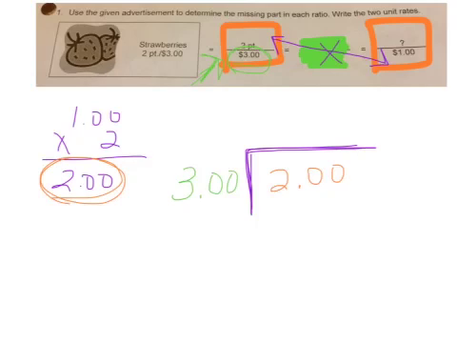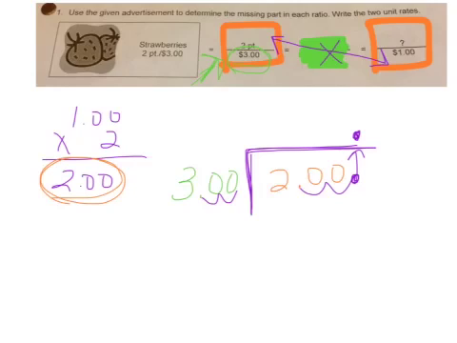Now we also said we do not want to divide by a decimal. So for me to get rid of 3.00, I want to move the decimal 2 places. And then I also want to move the decimal 2 places in my other number. If I move the decimal straight up, now it's going to be right there in my answer.